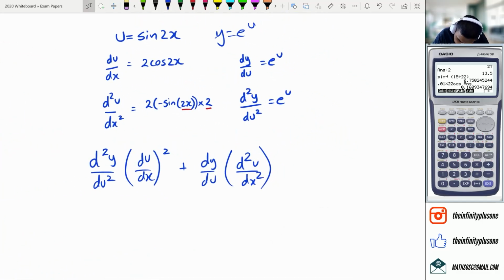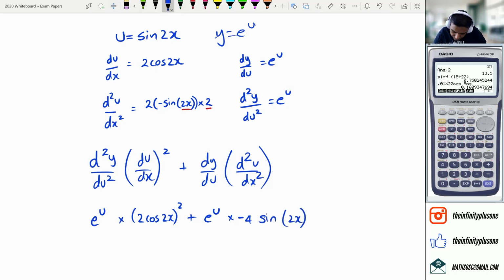So d²y/du², that's going to be e^u, multiplied by du/dx, which is 2 cos 2x, squared, plus dy/du, which is e^u, and d²u/dx², that is actually multiplied by 4, well, it's negative 4 sine 2x.